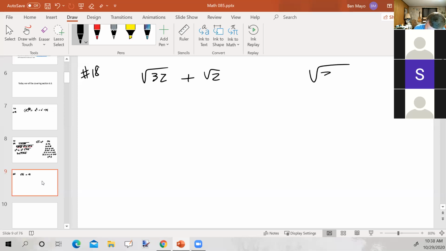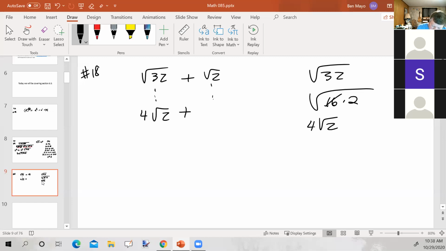If I take the square root of 32 and break it down, I could write it as the square root of 16 times 2. Why would I do that? Because 16 is a perfect square. What is the square root of 16? 4. So the 4 is on the outside. So now this becomes 4 square roots of 2 plus the square root of 2, which is 5 square roots of 2.